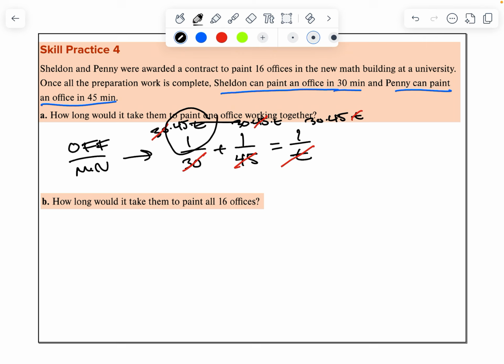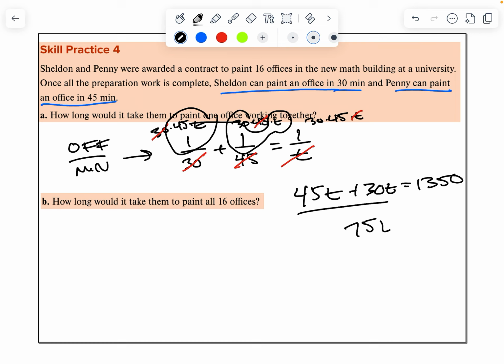Multiply what's left: 45t plus 30t. I'm going to type in my handy dandy calculator 30 times 45. And I get 1,350. Combine like terms, you get 75t equals 1,350.